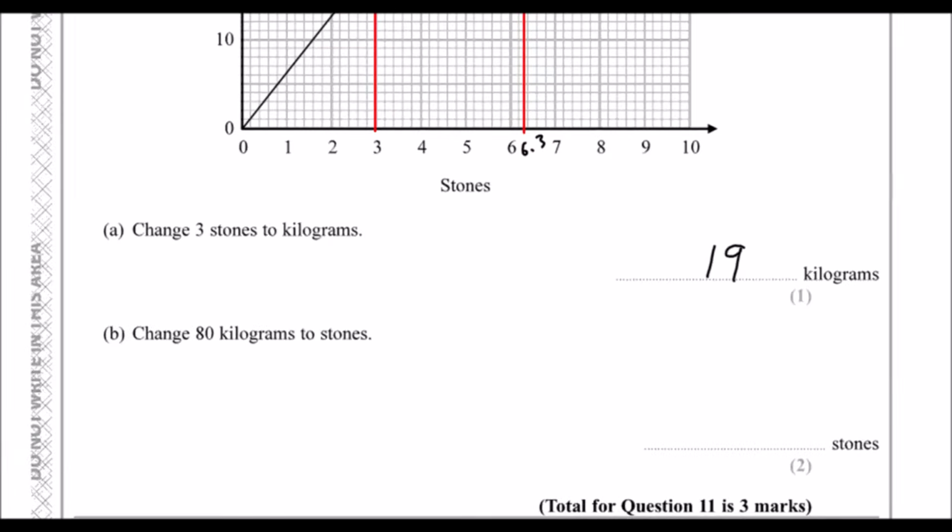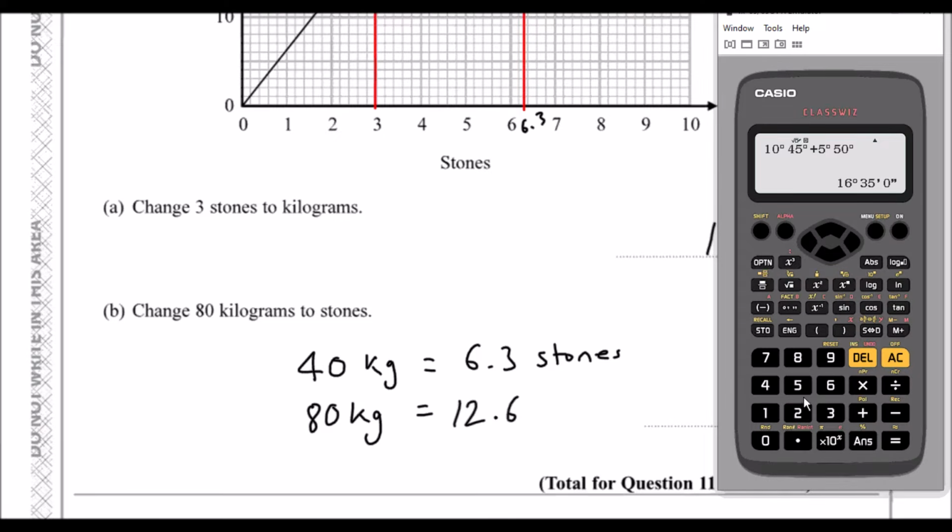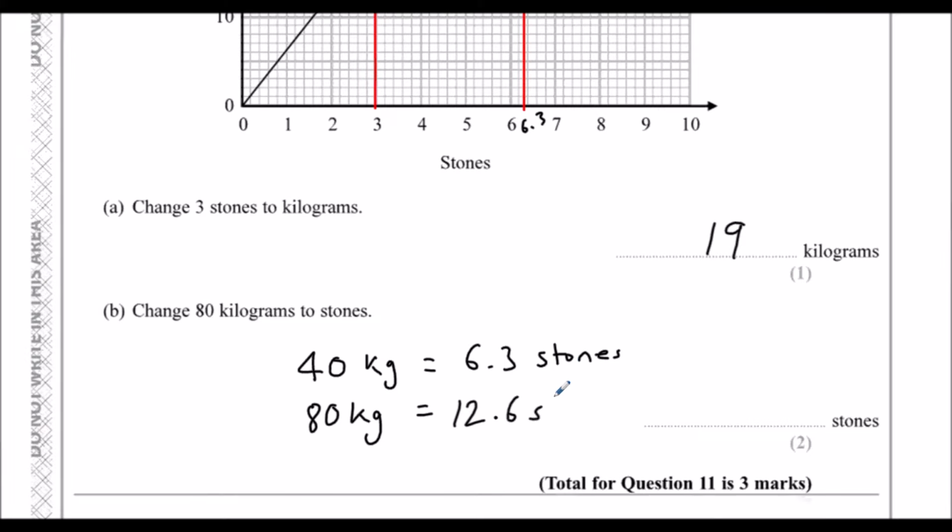So 40 kilograms is 6.3 stones. So if we double 40, we could double 6.3, which we can use the calculator for. 6.3 times 2 is 12.6. So we've got 12.6 stones.